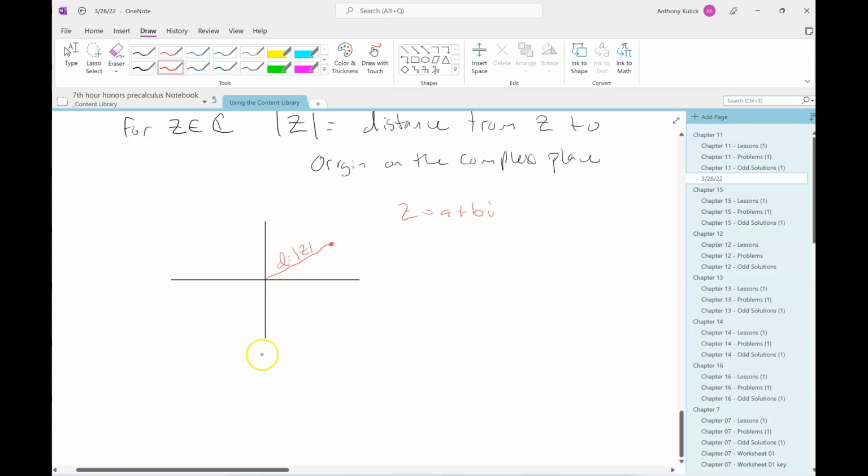So how could I compute that? How could I compute that distance? Oh, guys. No ideas? We said this was just like plotting points, right? So we could just use the distance formula.